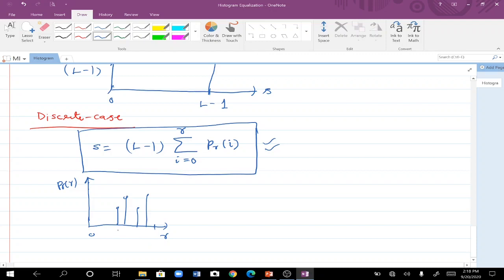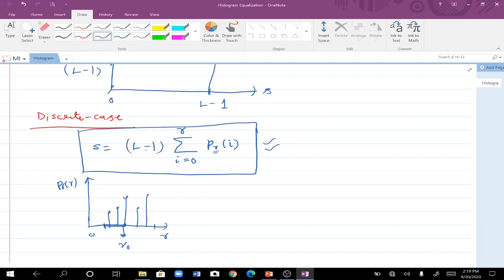So if you want to compute for a given r to which it gets mapped, if you want to find out, for example, this one to which s value it gets mapped, all you need to do is sum up from 0 to this r naught all these values of these PDFs, then multiply it with L minus 1 and approximate it to the nearest integer. That's all you have to do. The implementation of histogram equalization is very simple.